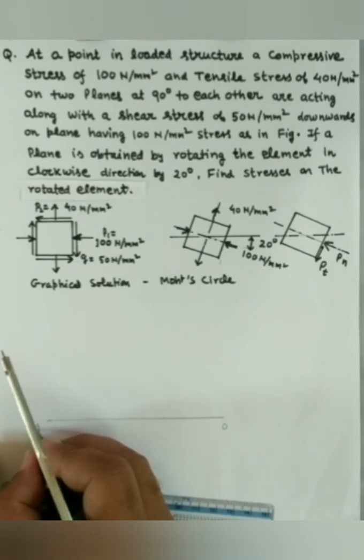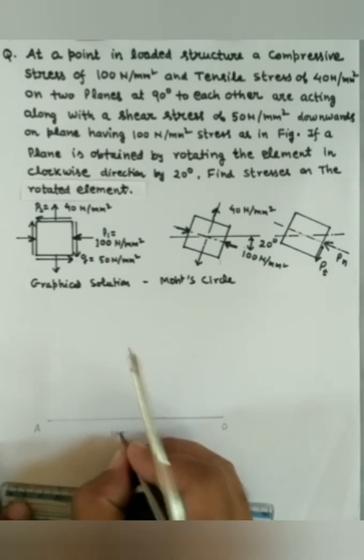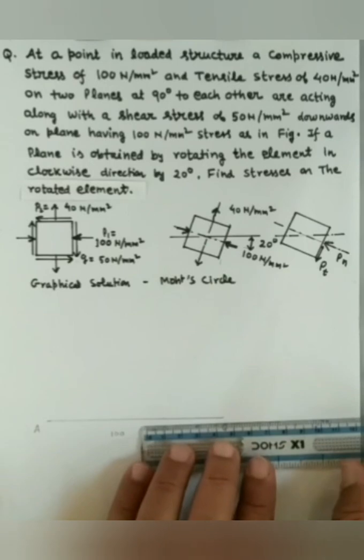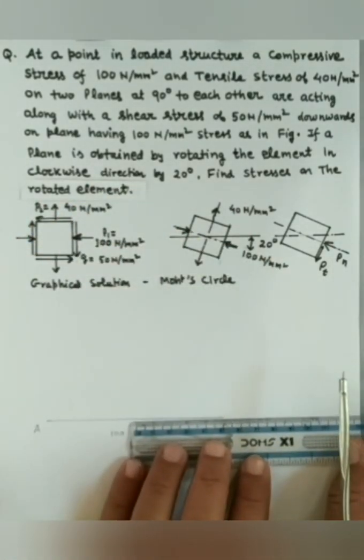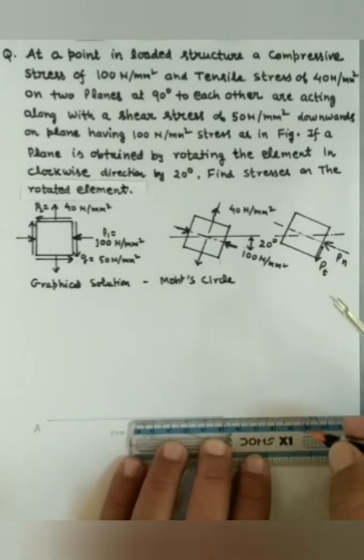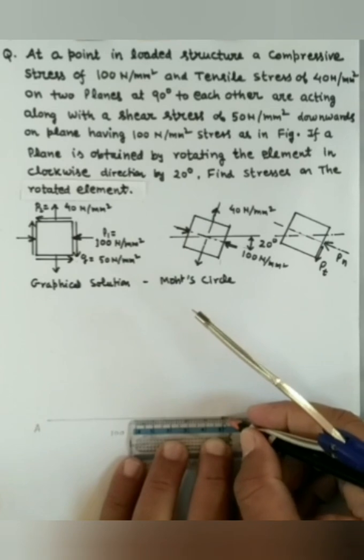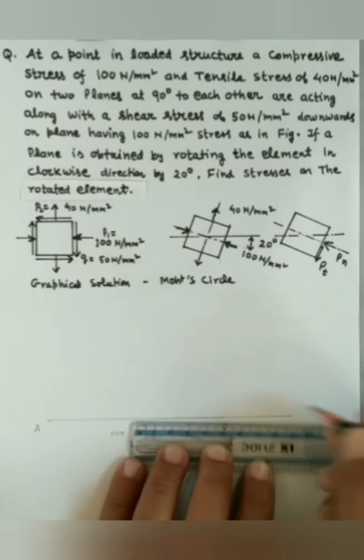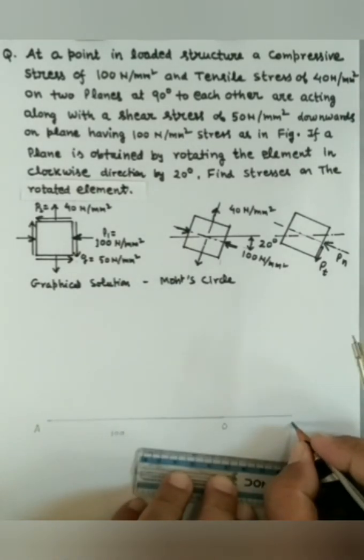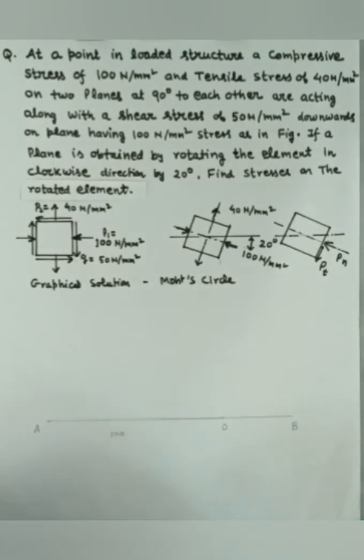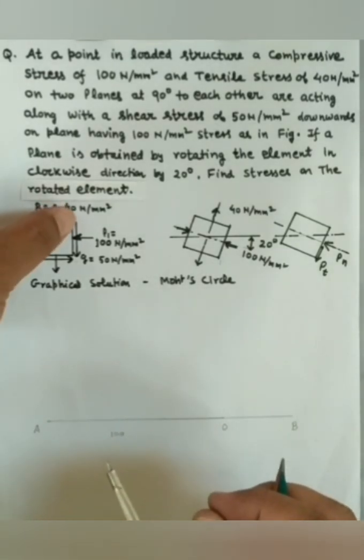Let origin be O and this point be A. Length OA is 100. And since P2 is positive, it will be drawn on the positive side of the x-axis. So draw a line of 40 mm OB on the positive side of O. So let this point be B. So OB is 40 mm.